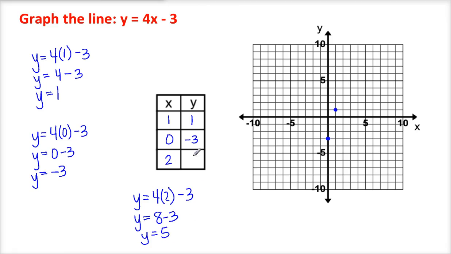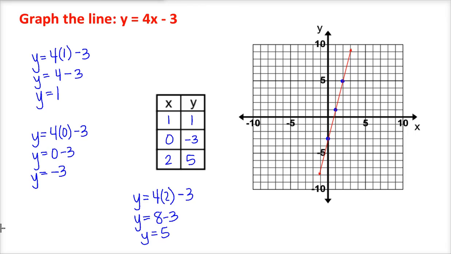So x is 2, that means y is 5. So (2, 5) is another point on my line. And since all 3 of them line up, I know that the math I did was good. So now I can draw my line. And that right there is the line y equals 4x minus 3.